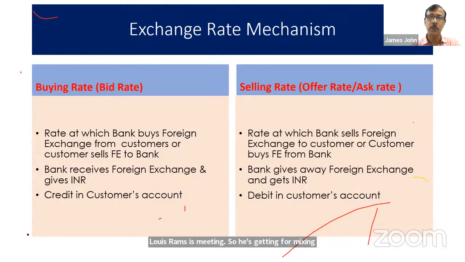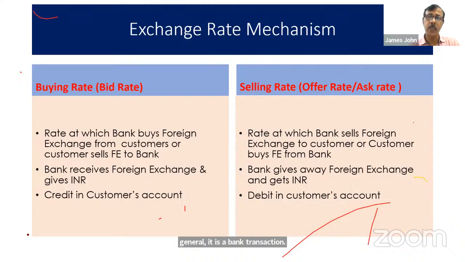The exporter is getting foreign exchange in dirhams, and this he hands over to the bank. In turn, the bank has to give him Indian rupee. So when the bank gets foreign currency and gives Indian rupee, it is a buying transaction.